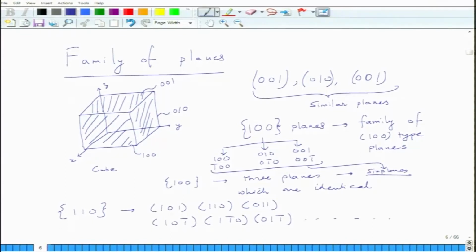Similarly, if you look at HH0, you have 12 of them. So, you can have 1 0 1, 1 1 0 and so on and so forth. You can have bar 1 0 1, bar 1 1 0 and 0 bar 1 1, and you can have bar 1 0 bar 1, bar 1 bar 1 0 and so on. So, there are 12 of these.